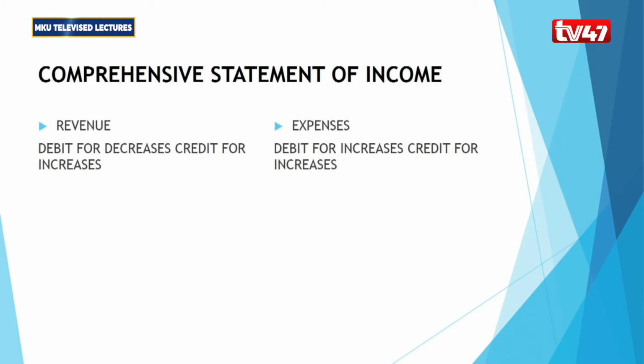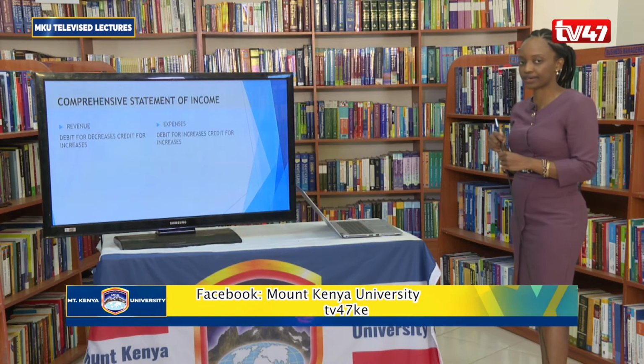If we focus on the first bit, revenue, we debit decreases and credit all increases. So what are some of these revenues? If you make reference to, say, the trial balance, by virtue of the fact that they form part of income, these accounts will be credited.